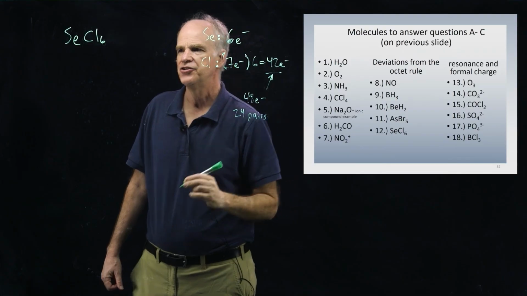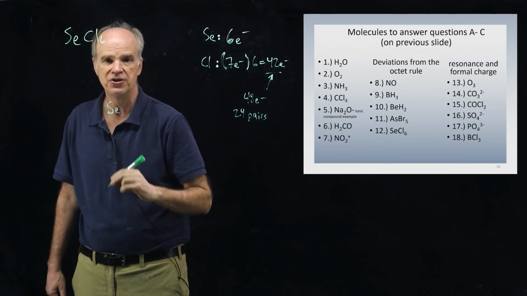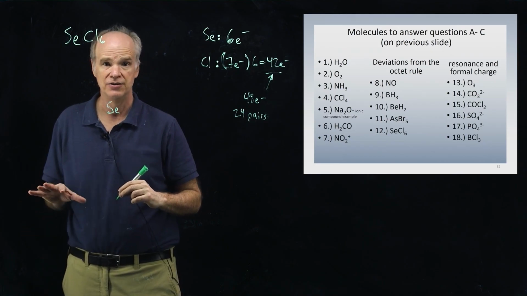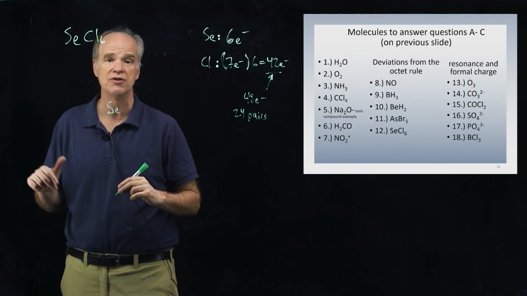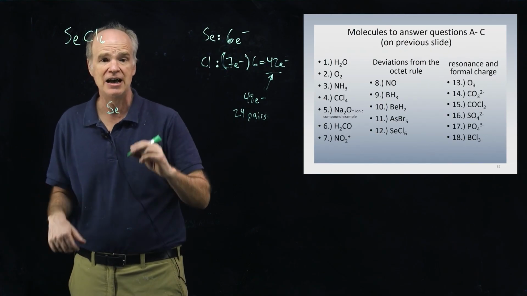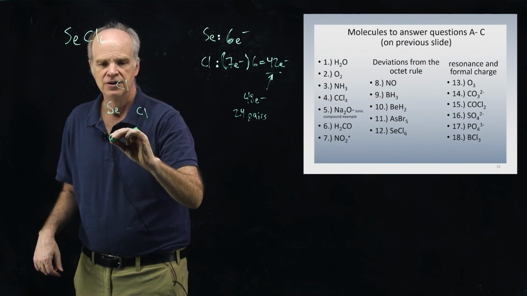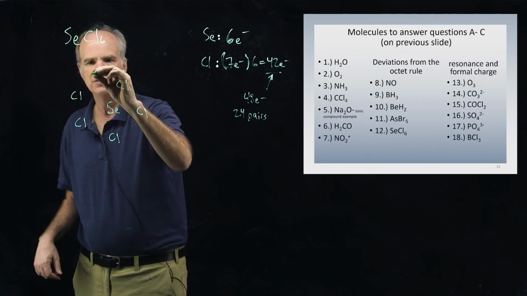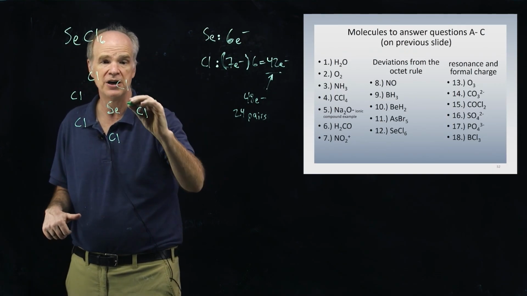Okay. So selenium, as I recall, is in period 4. So it can have a greater number of electrons than an octet to make it stable. It can have 10 electrons or even 12 electrons. Looks like it's going to have 12 electrons because we're going to have to bond 6 chlorines to it. So let's go ahead and put in the electrons. There's 24 pairs.